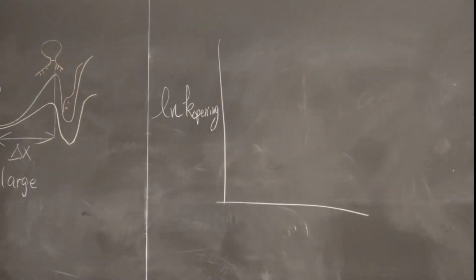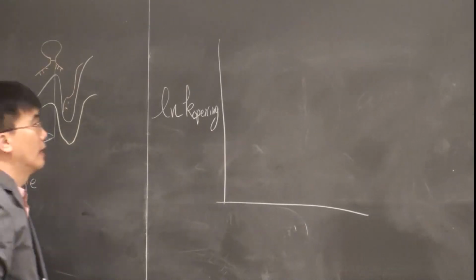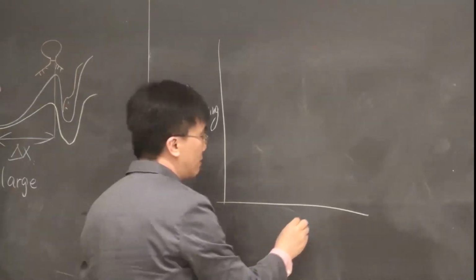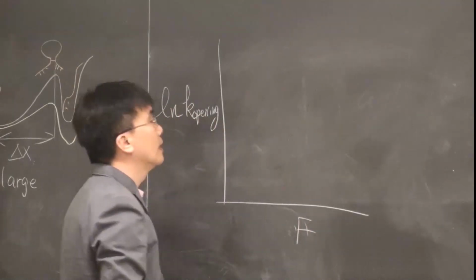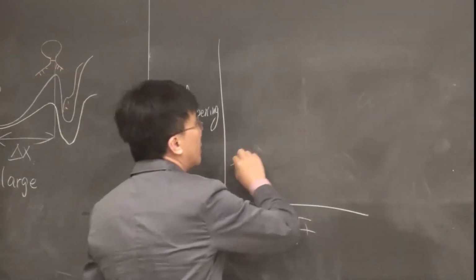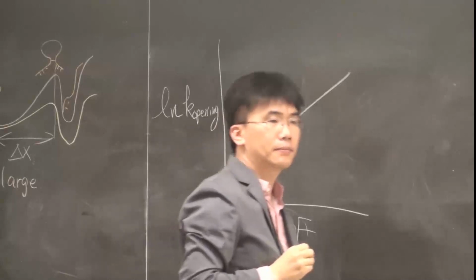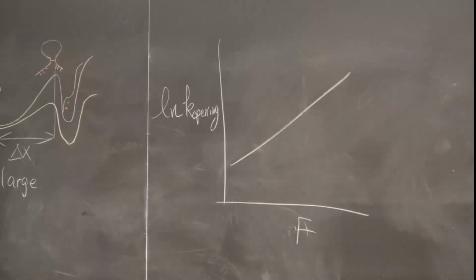So if you were to measure the rate of opening and plot it in log scale as a function of force, opening will actually increase with force, and on the log scale it is a line.